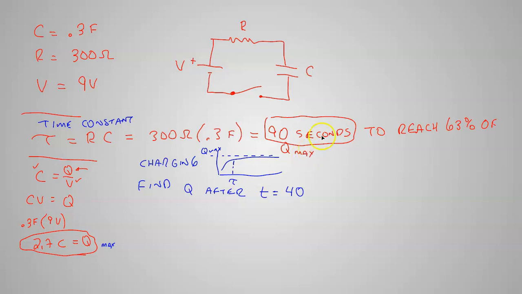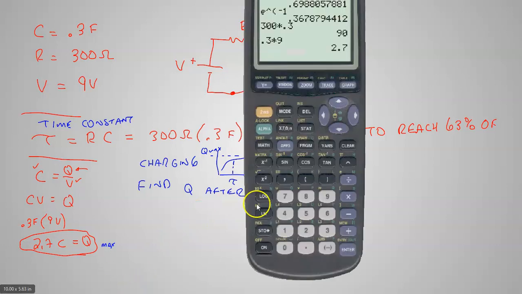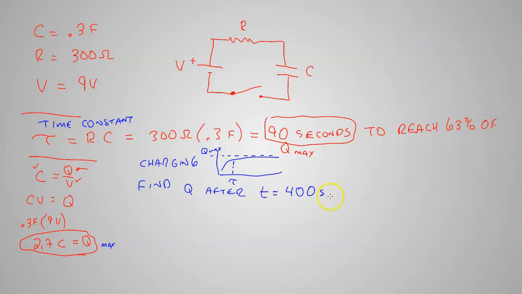Remember, it likes to fill up fast, and then those last seats take longer to sell. But I don't know, let's go 400 seconds here. Okay, 400 seconds gets me out way past the time constant. If I have 400 seconds and I'm cutting that up into 90-second chunks of time constant, that's 4.44 tau.